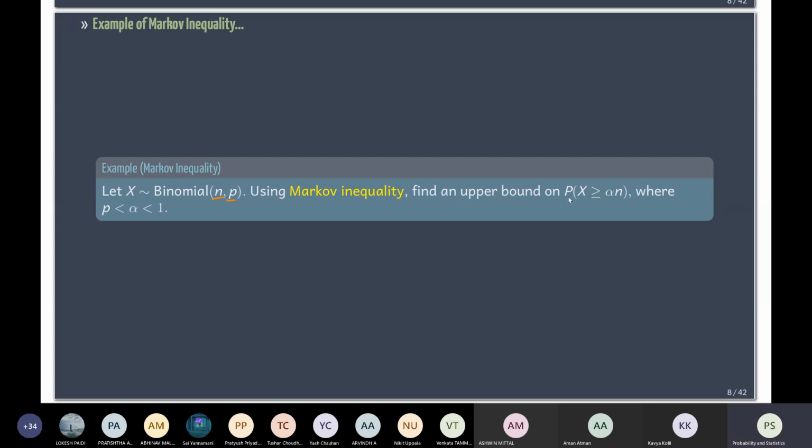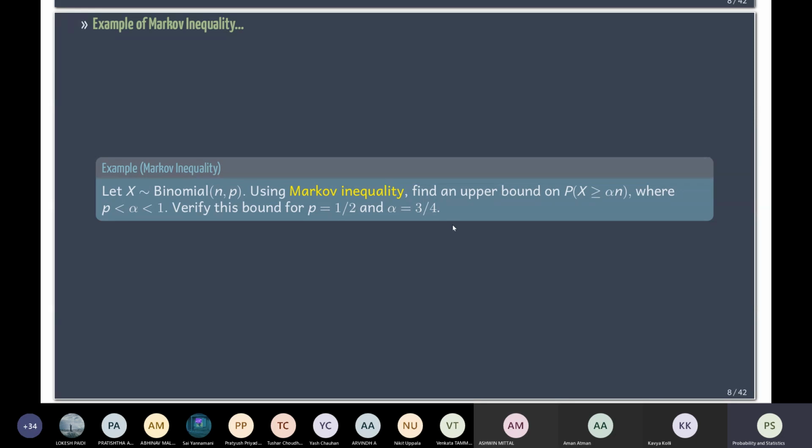Then using Markov inequality, find an upper bound on the probability that x is greater than or equal to alpha n, where alpha is arbitrary between p and 1. Then verify this bound for p equals half and alpha equals 3 by 2, and later verify whether the bound I obtained was a valid bound.